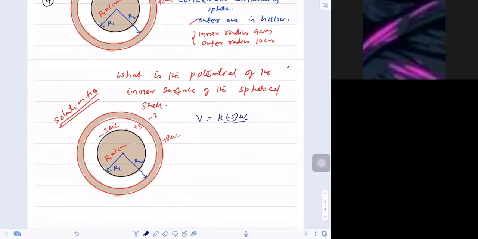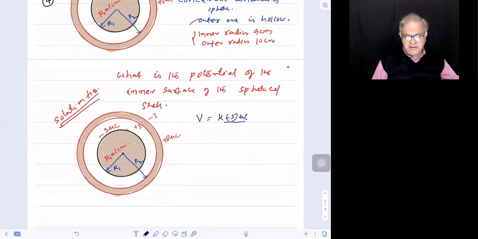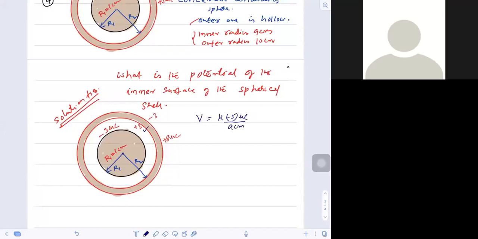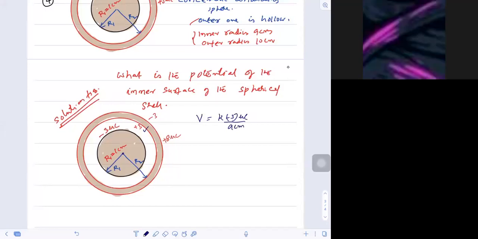So for this whole thing, -3 is like the point charge at the center, and the potential due to that at this point is K into -3 by 9. Can I write or not? Yes, outside it will be that much distance.